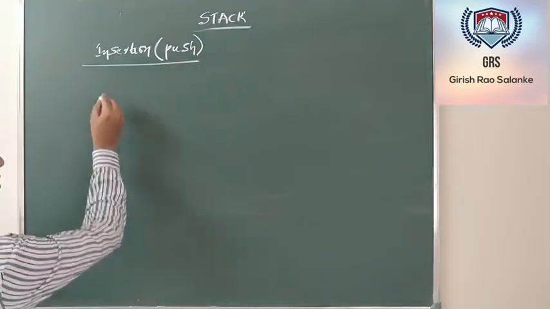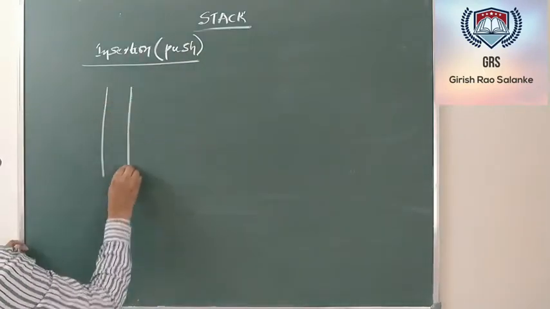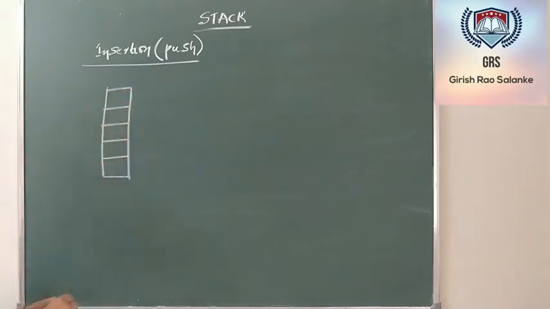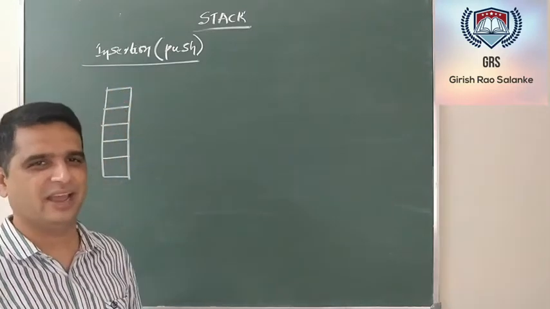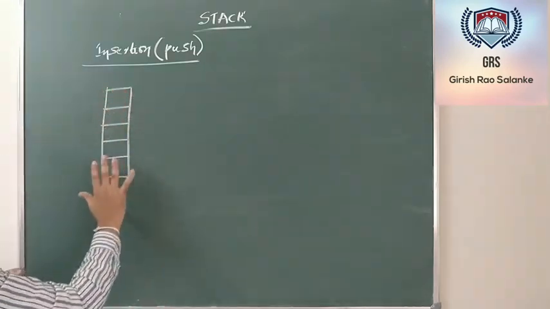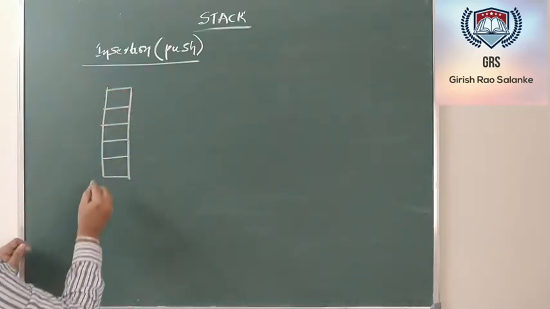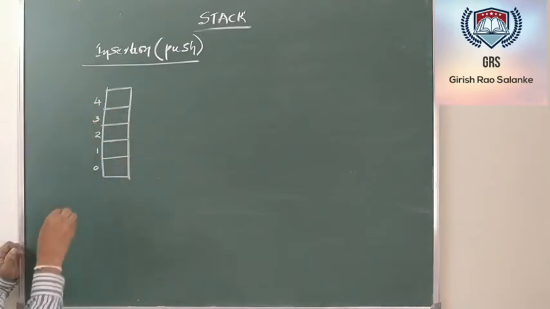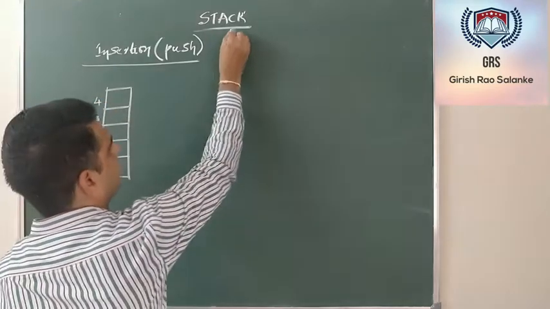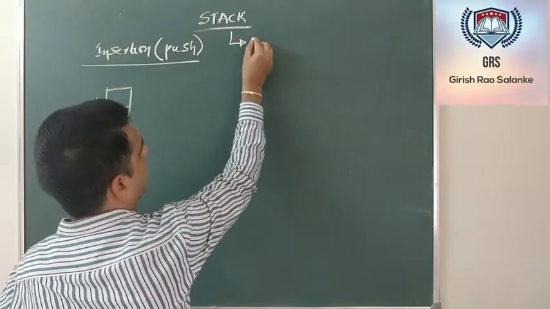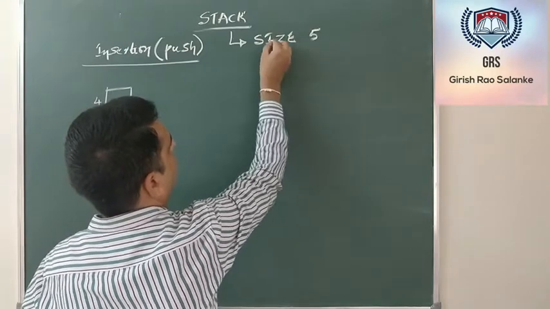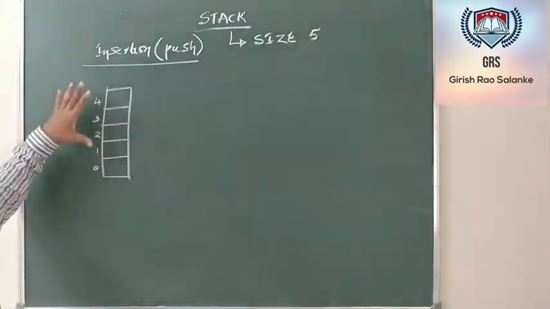Now I'll assume that I have some memory location to design as a stack. I'll assume that the size is 5, indexed from 0 to 4. The stack size is 5. This is what I have done.